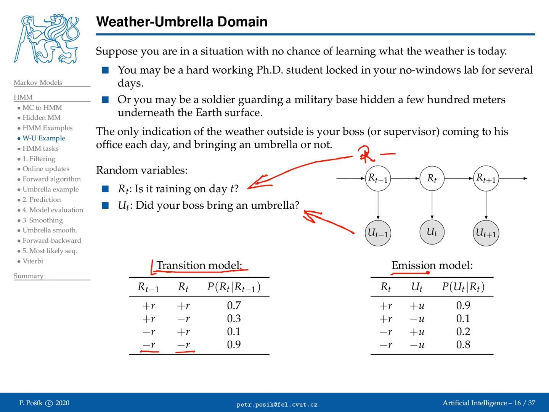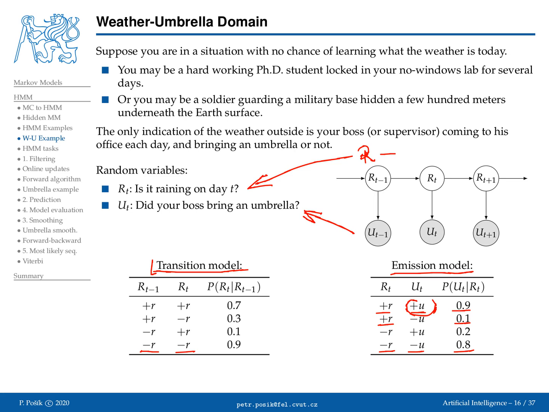And this is the emission model that describes the behavior of your boss with the umbrella given the weather outside. If the weather is rainy, he will highly probably take the umbrella with him. With low probability, he will forget to bring his umbrella. And if it is not rainy, he will, with quite large probability, not bring his umbrella.